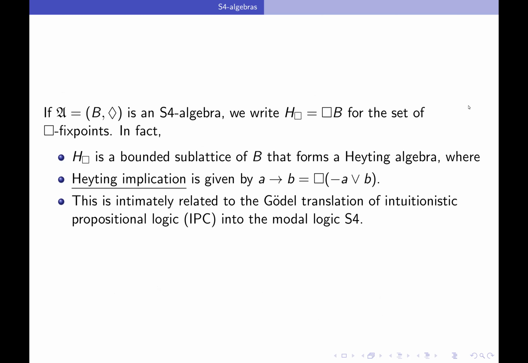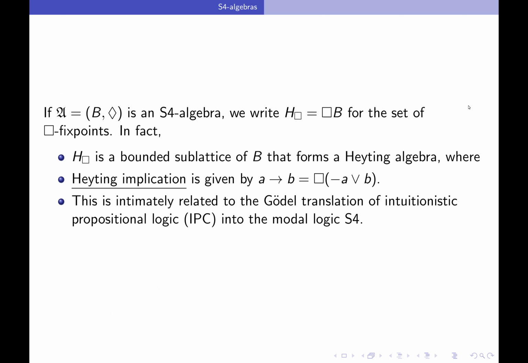From an S4 algebra, there is this thing you can do if you look at the box fixed points. Box, remember, was an interior operator, so it's idempotent. If you look at the fixed points of box, those will be a bounded sublattice. And in fact, this sublattice has the structure of a Heyting algebra.